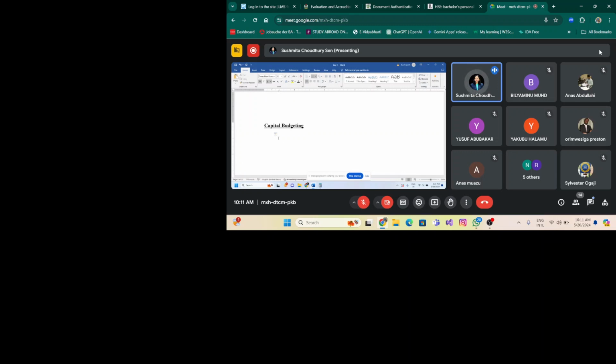The first one is payback period method. The second one is accounting rate of return method. The third one is net present value method.